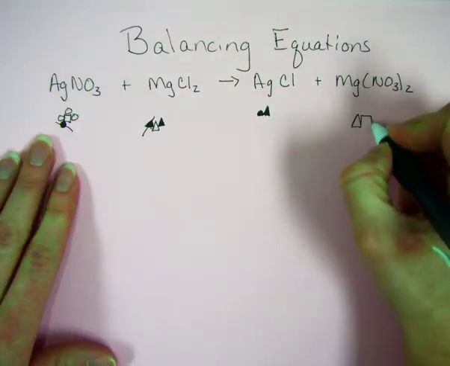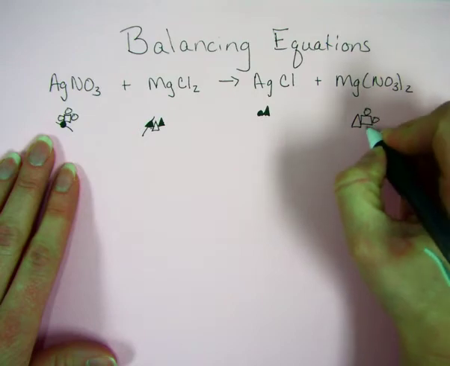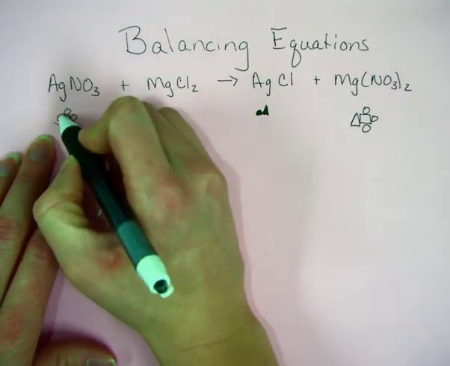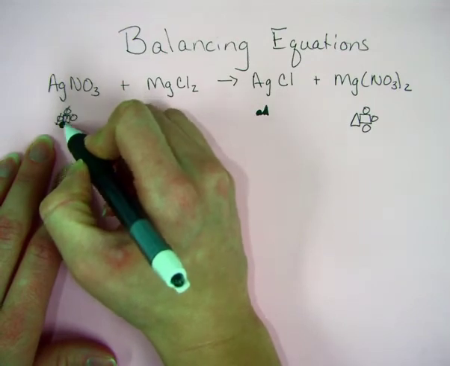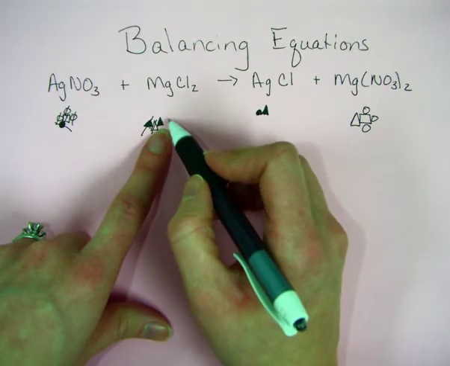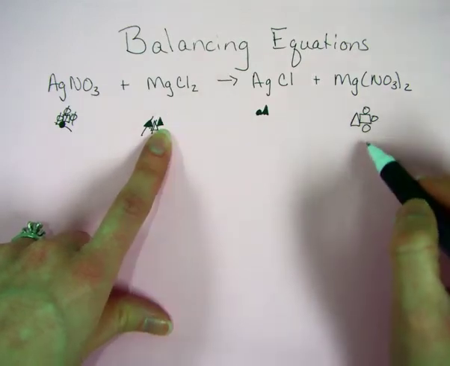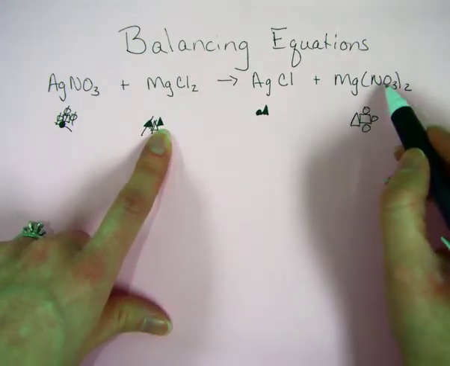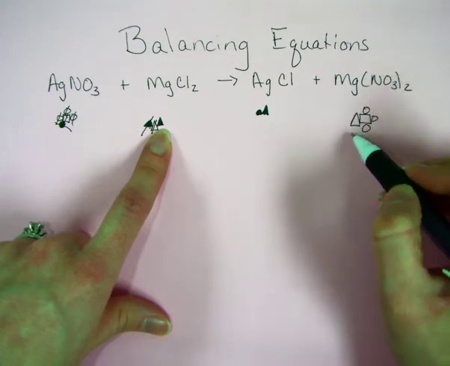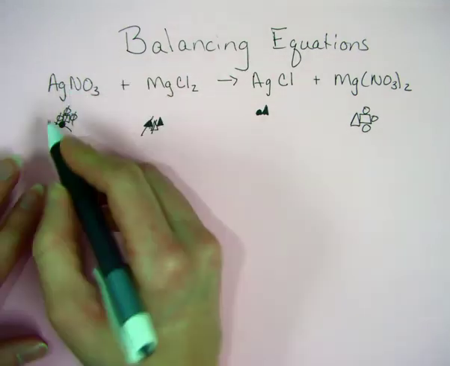So draw the box with a circle. Now the problem is I've used that, and I've used all of those pieces. So all I have left on my reactant side is 1 chlorine left. But over here, I still need another NO3 group attached to this magnesium. So I need to add another AgNO3.